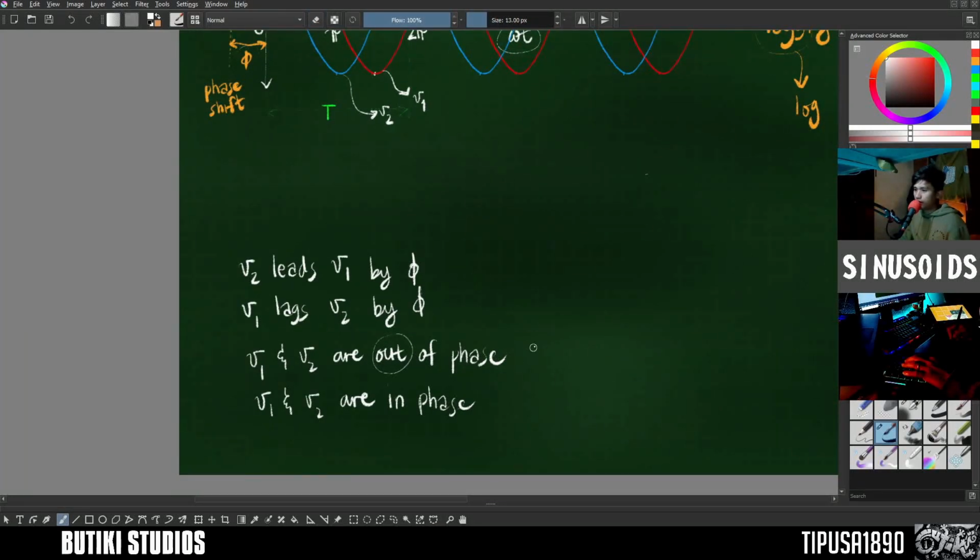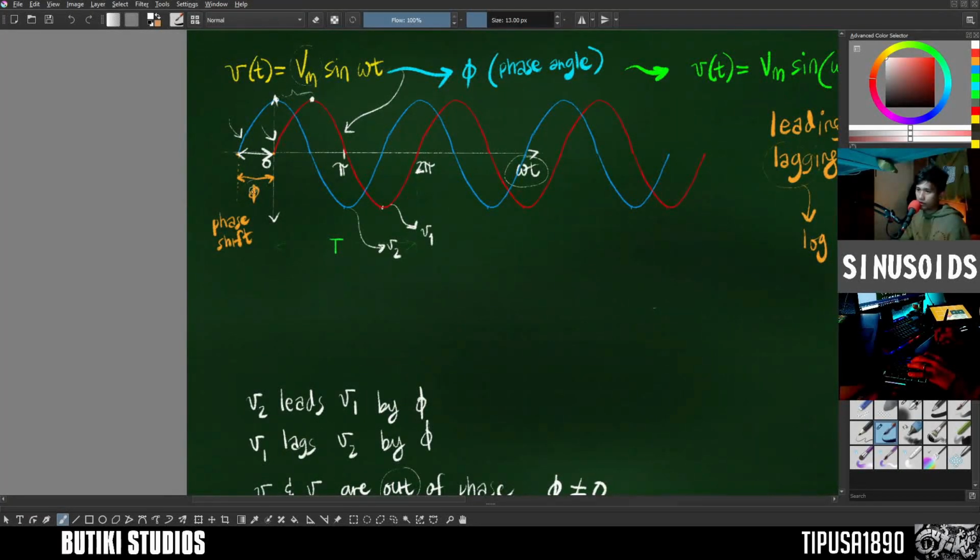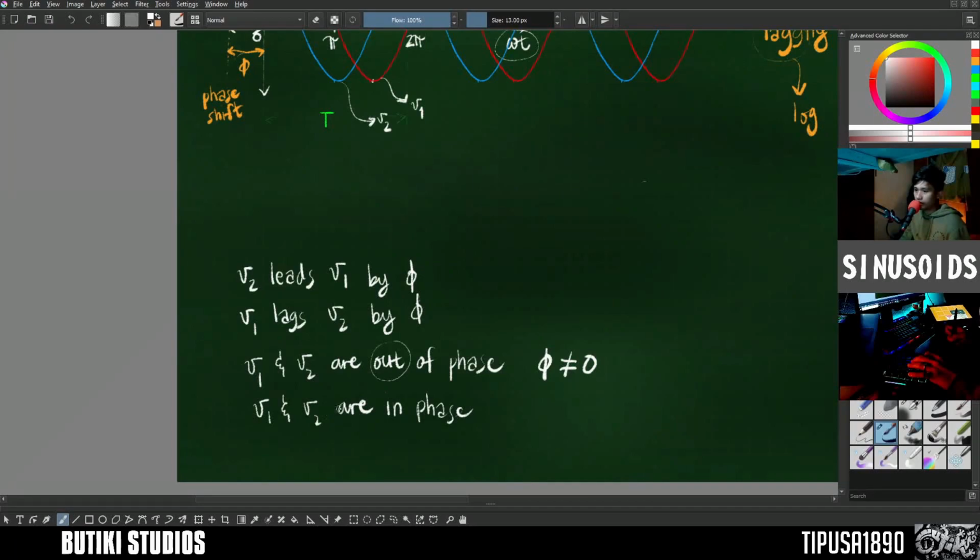So you say out of phase when the phase angle is not equal to 0. Because if our phase angle is 0, what happens? There is no gap between the two waves, right? So they are in phase. So when you talk about in phase, the phase angle is equal to 0 because there is no gap.